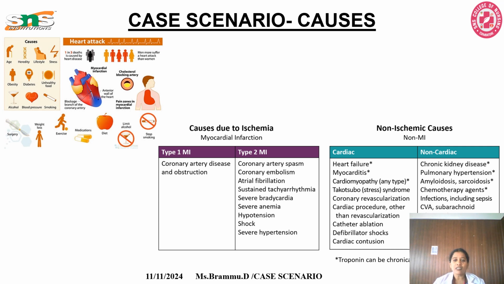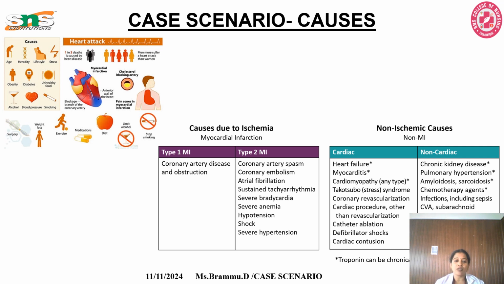The non-ischemic causes for MI would be heart failure, myocarditis, and all the symptoms and disorders relevant to cardiac features, like patients with cardiomyopathy or stress syndrome, which we call Takotsubo syndrome.